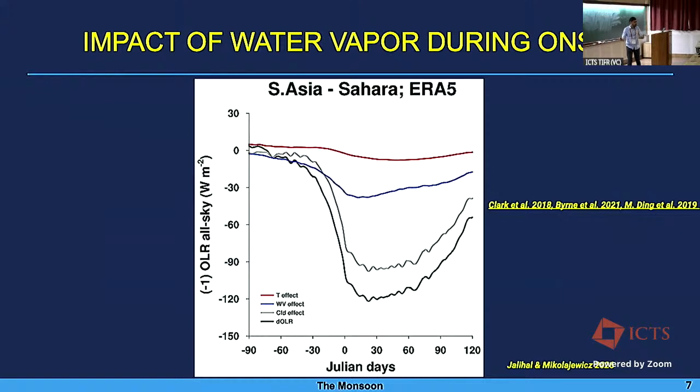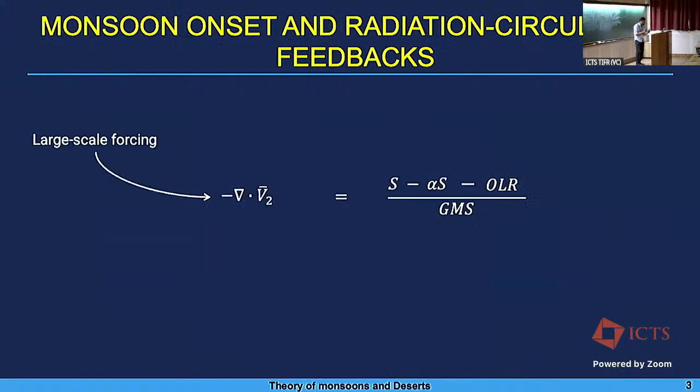Radiative heating of the atmosphere is also occurring. Subsequently, convection is triggered. You have clouds, and clouds will have an impact on OLR. So essentially, now putting all of this together, we have a simple hypothesis using the same equation that we saw earlier.